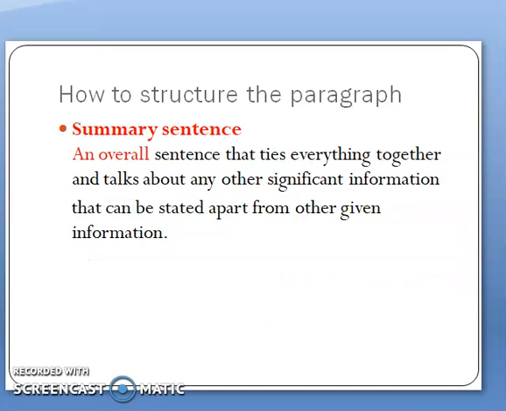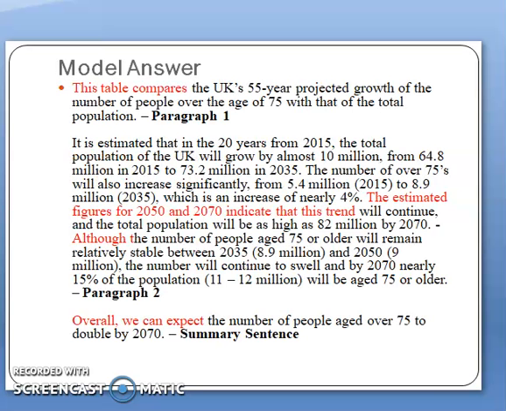The last step is the summary sentence. An overall sentence that ties everything together and talks about any other significant information that can be stated apart from other given information. In this slide, I have given you the model answer for the table which I have given in the previous slide.